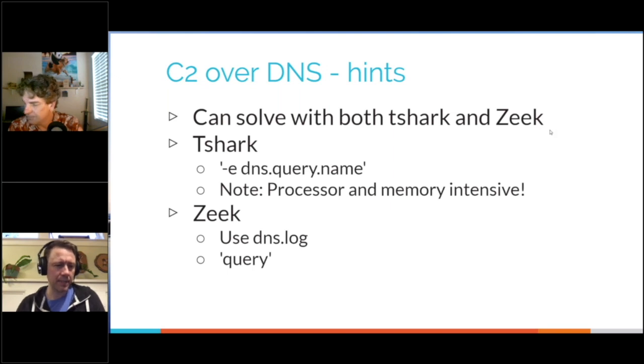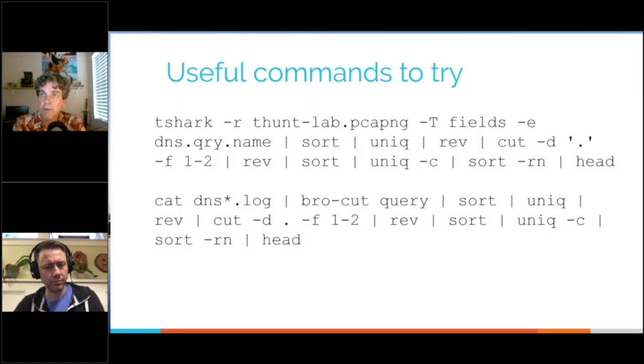Should this first command be taking a few minutes to run? Yes, absolutely. I mentioned Zeek runs a whole lot faster than TShark, so let me pull up these two commands. The DNS log file is pretty small, and it's only DNS records, so the second command runs pretty quickly.